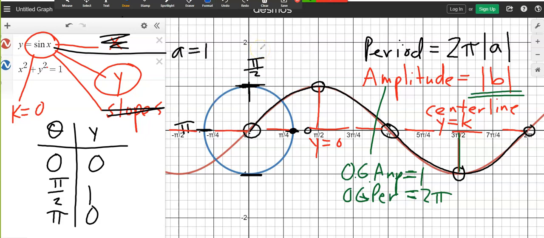I will tell you that this coordinate right there is my HK value. And in our particular case, the OG HK is 0, 0.